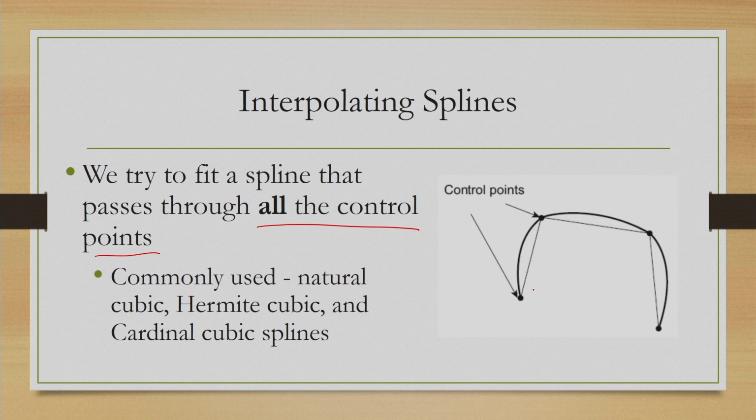So, essentially we are given set of control points and we are representing the curve in the form of splines in a way such that the polynomial pieces of the spline passes through all the control points as shown in this figure. Now, the commonly used interpolating splines in computer graphics are natural cubic splines, Hermite cubic splines and cardinal cubic splines. So, we will discuss about these splines in details later.